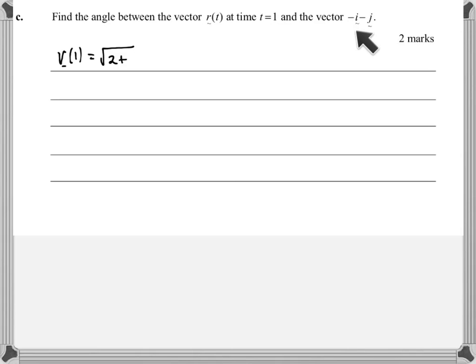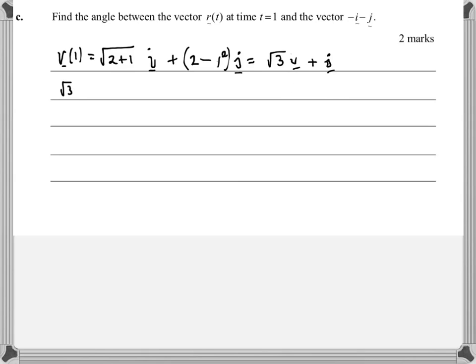And we've got another vector. How do we find the angle between two vectors? First off, let's work out what r is at t equals 1. So evaluate r of 1: substitute that into the position vector in place of t and simplify. And we get root 3 i plus j.